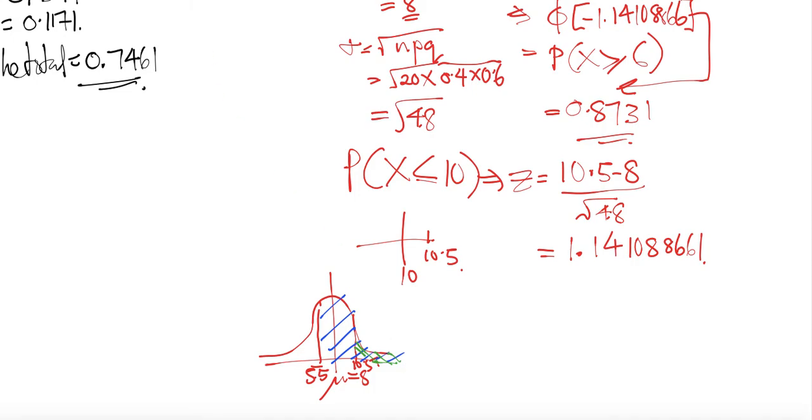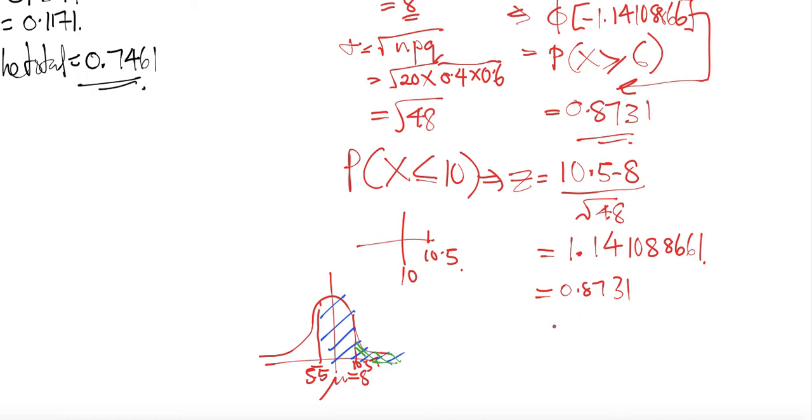Let's work on that. For 1.1410, using MF19, you are getting 0.8731. But I want the green region.